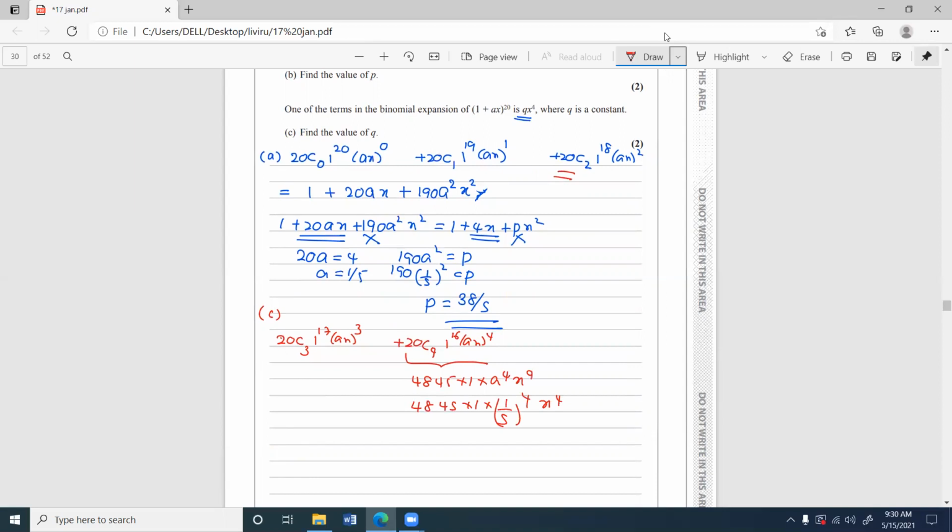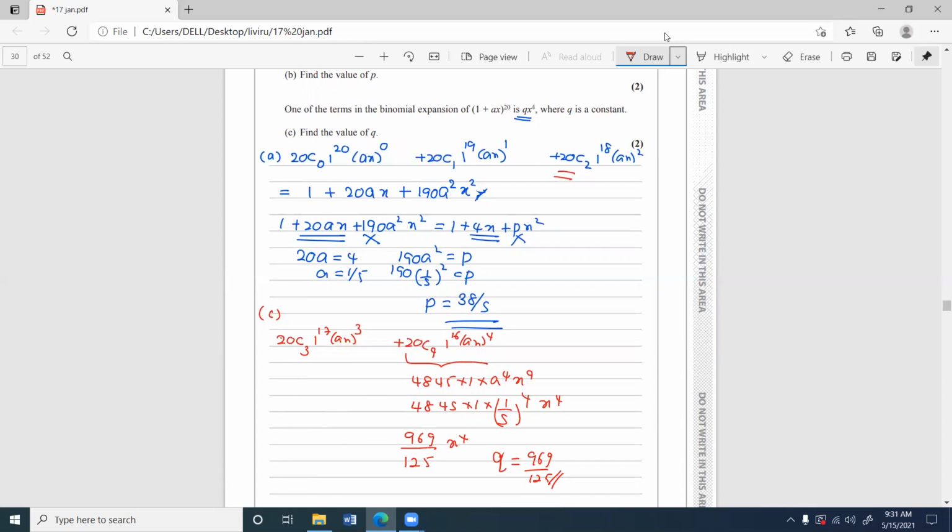That turns into 969 over 125 x to the power 4. So with this you can write q becomes 969 over 125. I hope this is fine.